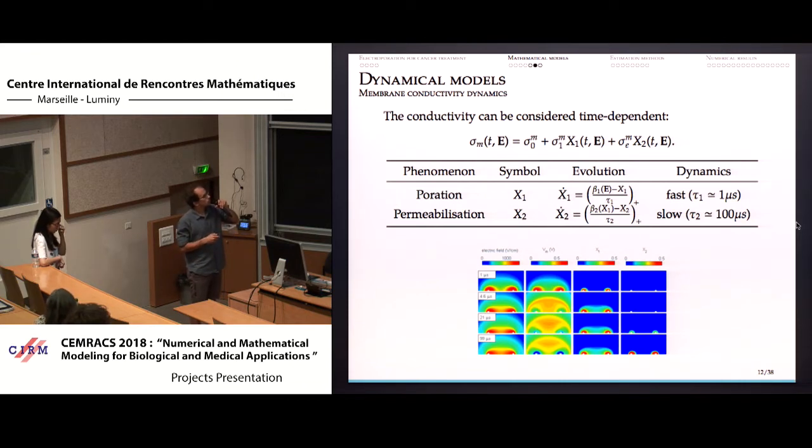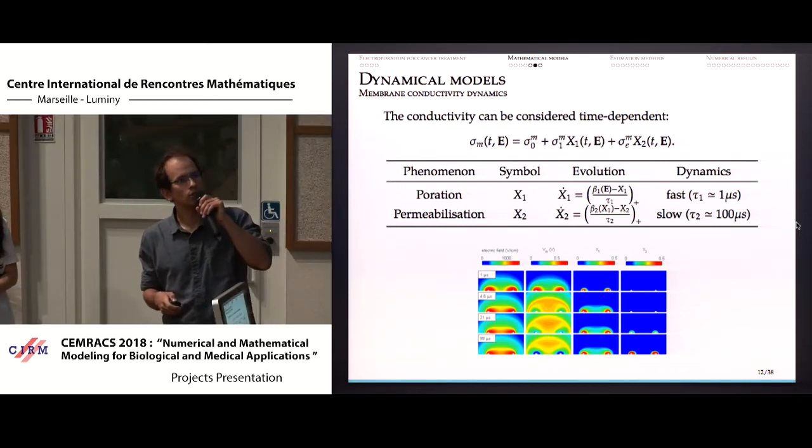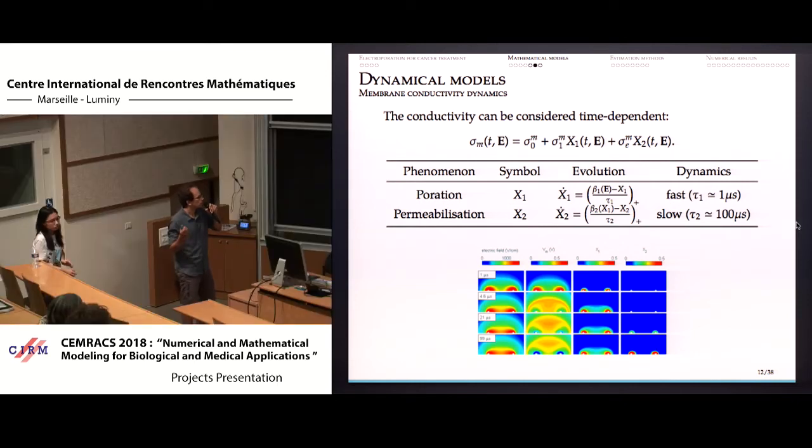You have the base conductivity, and then you will have an increase in conductivity due to the electroporation, which is very fast, and then you will have an increase in conductivity due to the permeabilization of the membrane, so this degradation of lipids. We can write equations for this.